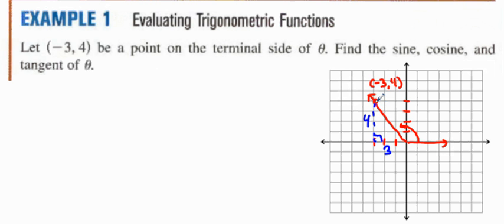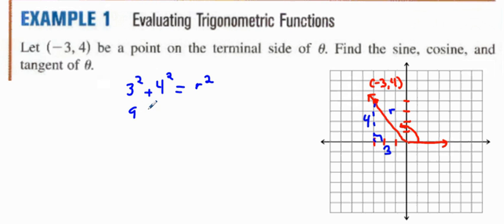Our next step is to find the length of the hypotenuse of the triangle, and I'm going to use the Pythagorean theorem for that. So 3 squared plus 4 squared is equal to my hypotenuse, which I'm going to label as r, r squared.